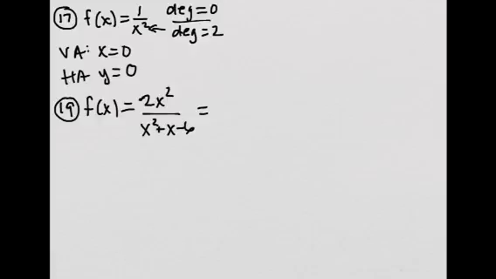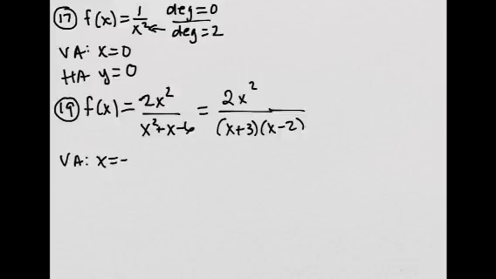So for number 19, I'm going to go ahead and factor first. Always factor and reduce if you can. So right here, x plus 3 times x minus 2. And so the vertical asymptotes would be the values that make the denominator 0. So x equals negative 3 and x equals 2. Those are the dashed lines that we would draw if we were graphing this function.